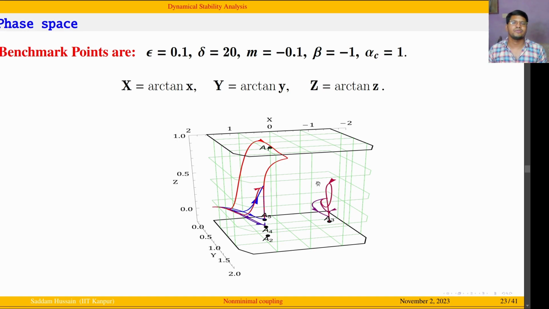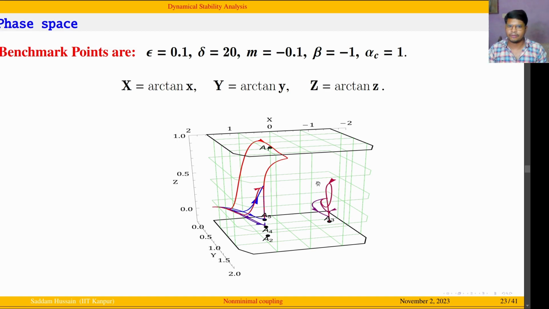On the other hand, if we are talking about the accelerating regime, then we have seen that A2, A4, and A5 are accelerating critical points. There are no trajectories going through A2, since we are talking from X to Z, because at A2 the fluid density gets violated.